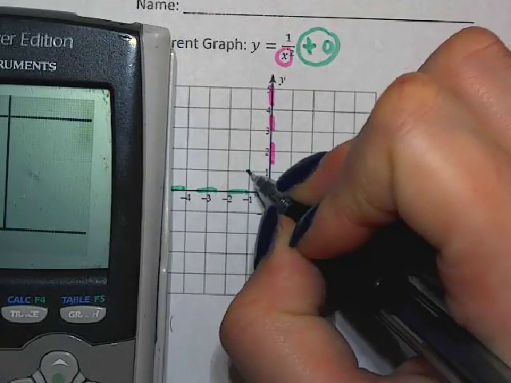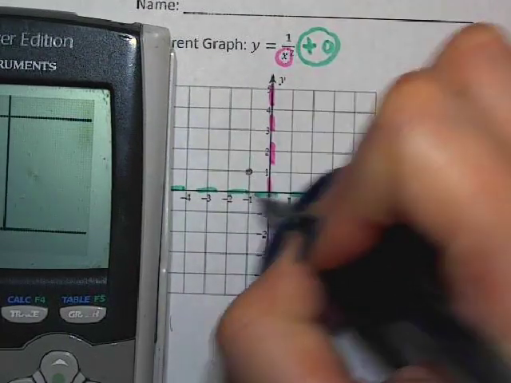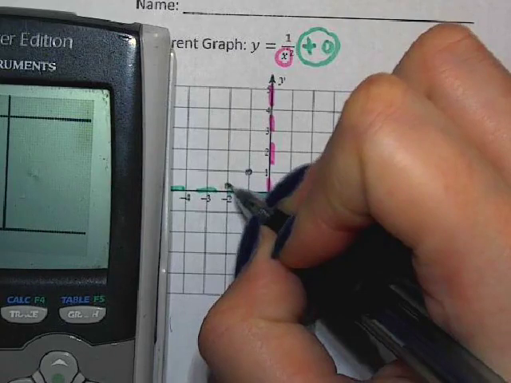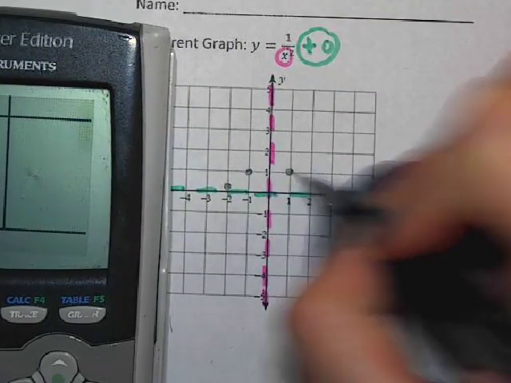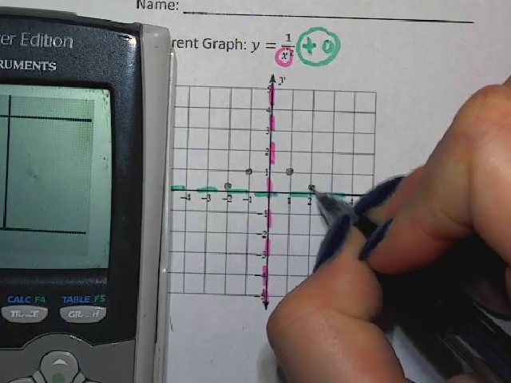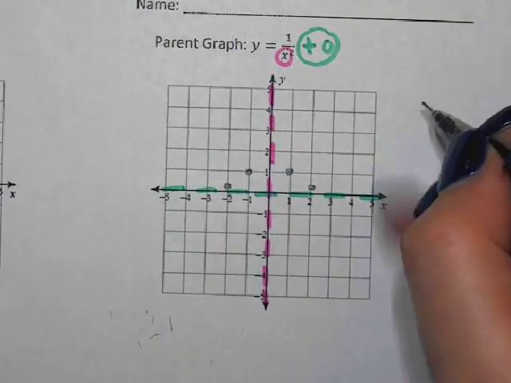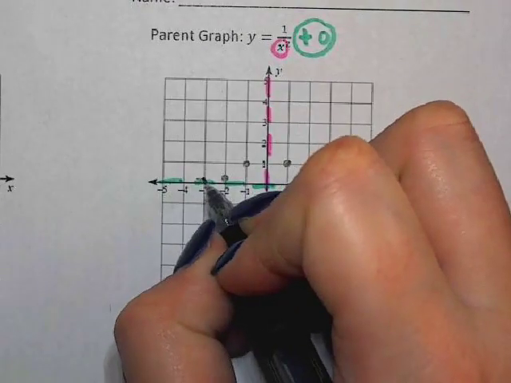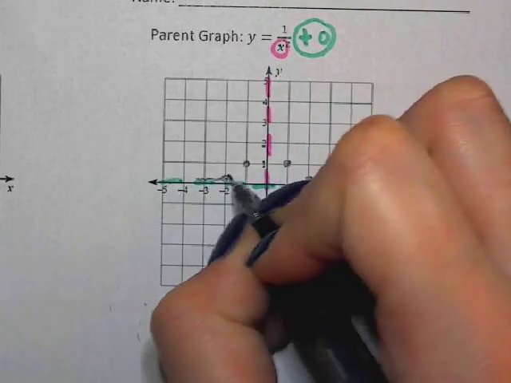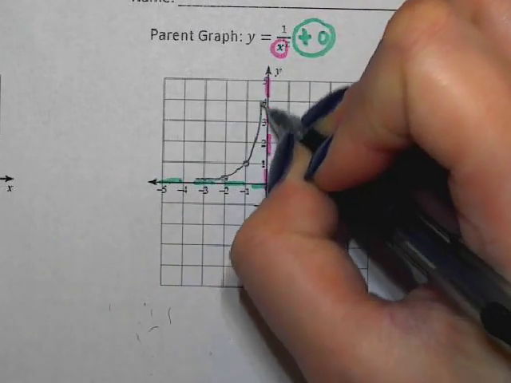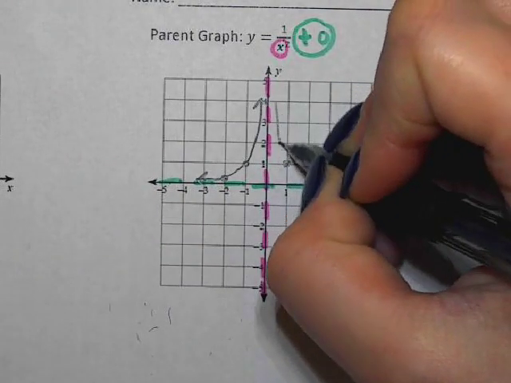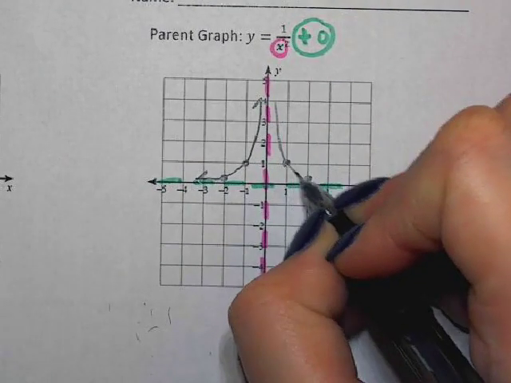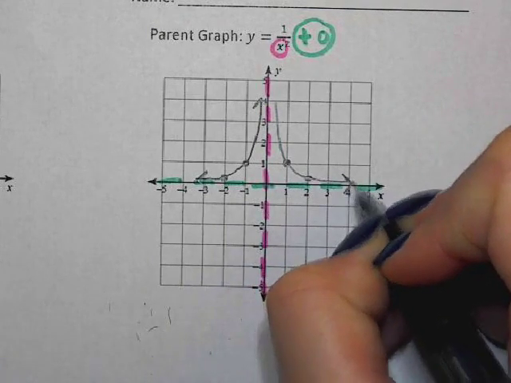So I've got the point -1, 1, -2, .25, and then +1, 1, and +2, .25. And then we just make sure that when we draw it, we have the curve following the asymptote.